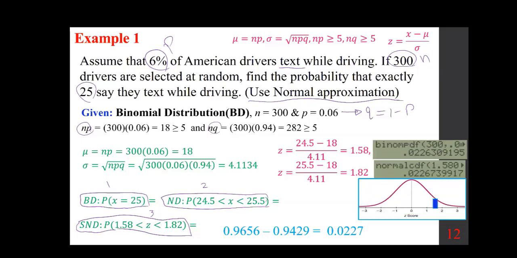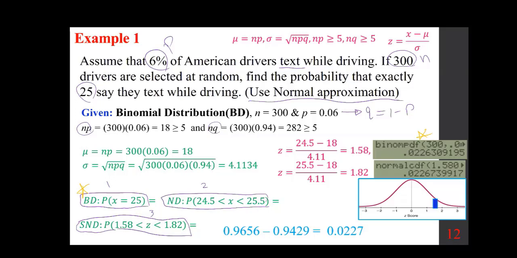If we were to use the binomial distribution, because it's one point, we use binomial PDF. If it were between two points, you would use the other one. So we use PDF because there's only one value.